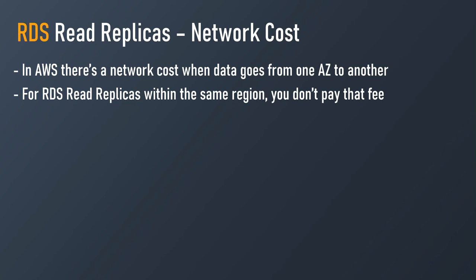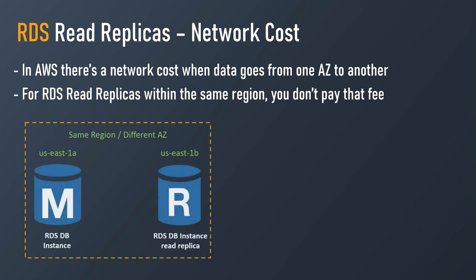So for RDS read replica, this is a managed service. If your read replica is within the same region, okay, different AZ but same region, you are not paying that fee.